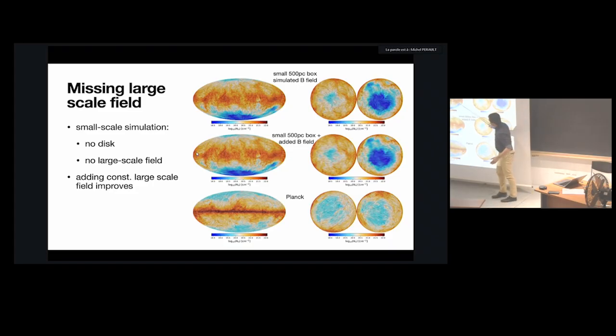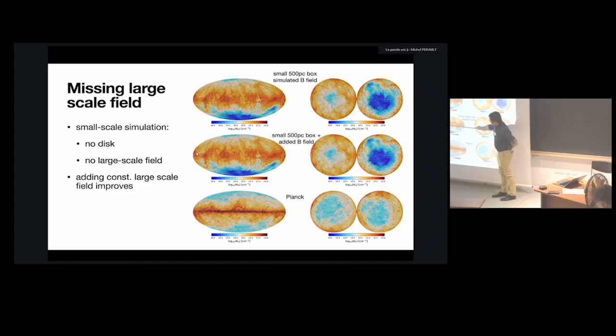So this is the small-scale simulation in the Planck view. You see a lot of structures, but if you look at the top and the bottom, you see small-scale fluctuations, contrary to the Planck map, which shows elongated streamlines, so large-scale magnetic fields.